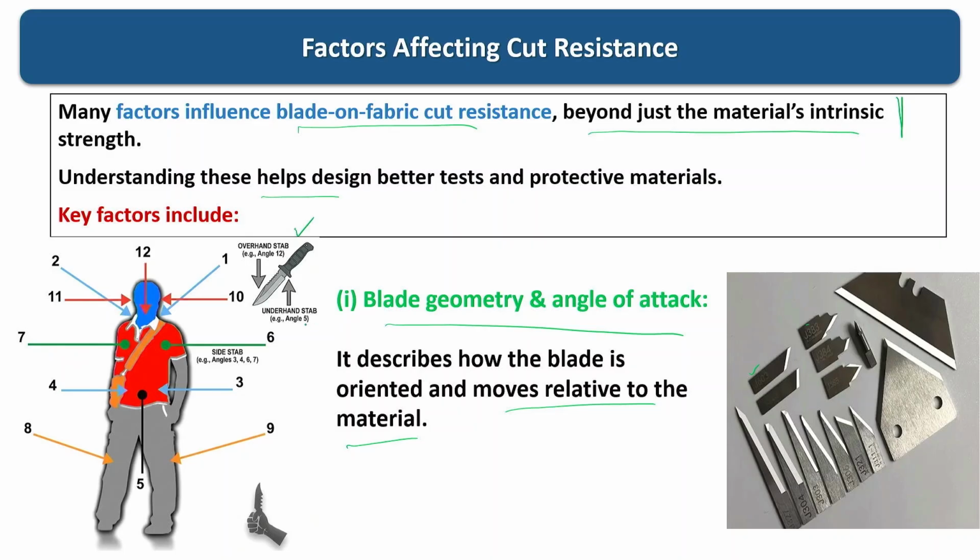Here we can see an overhand stab, say angle 12, and an underhand stab, which is say 5. So, different types of stabs are there. If someone is attacking from the top or from the bottom, different attack angles are there. Depending on the attack angle or the type of knife, the severity changes. So, blade geometry and angle are important.